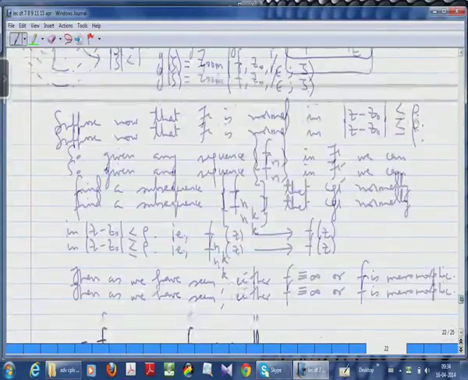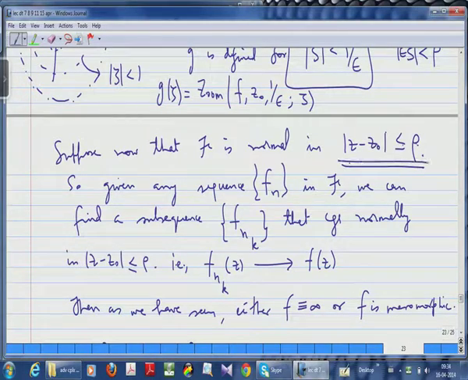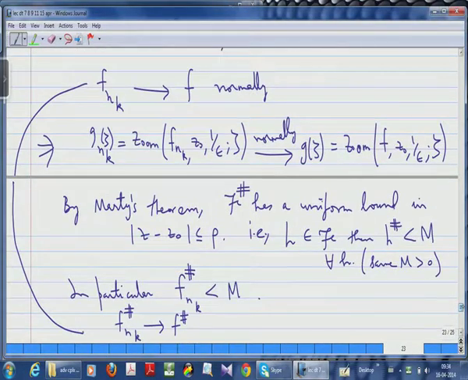So the g_nk's are also meromorphic functions, and mind you, you have to remember that I am considering the f_nk's in |z − z0| ≤ ρ, but I am actually considering the g_nk's in |ζ| < ρ/ε.